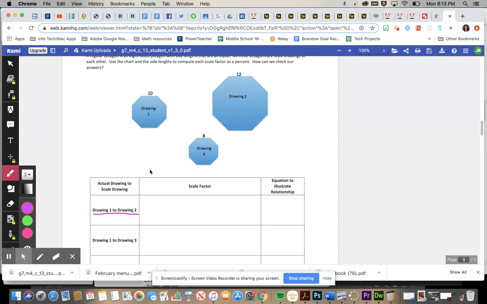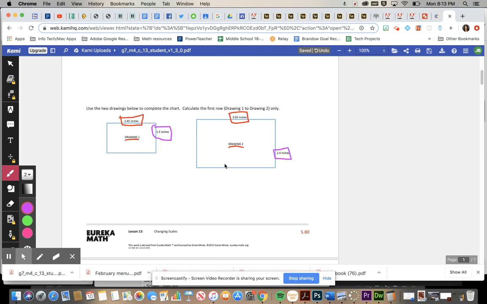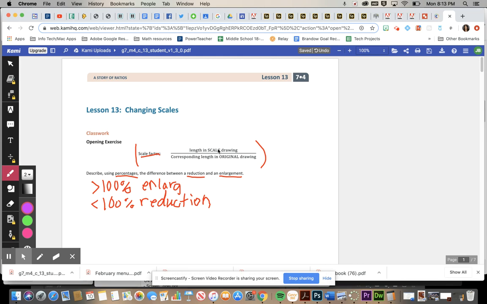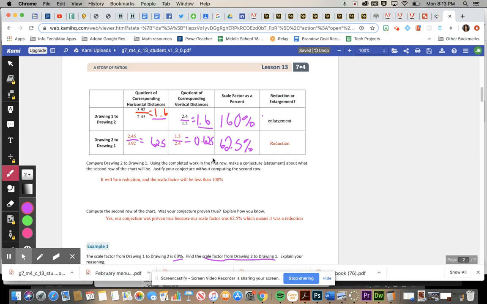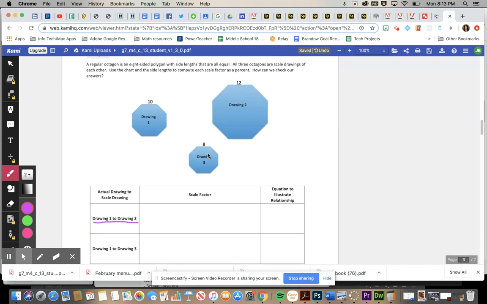So the first one is drawing 1 to drawing 2. Whichever one we state first is the original, and the second one is the scale. If we look back at the very beginning, scale will be on top and the original will be on bottom. So which one was said first?